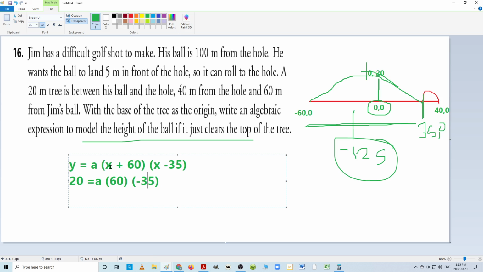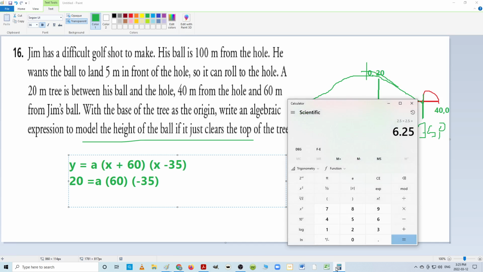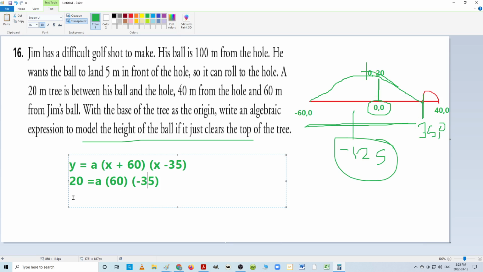Which means I just got to figure that out. I think I got it right. Okay, I got that. And it's going to be negative A. That doesn't seem right.